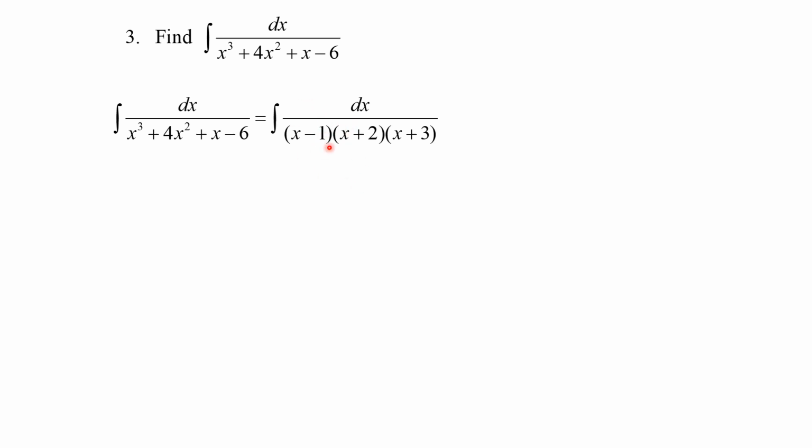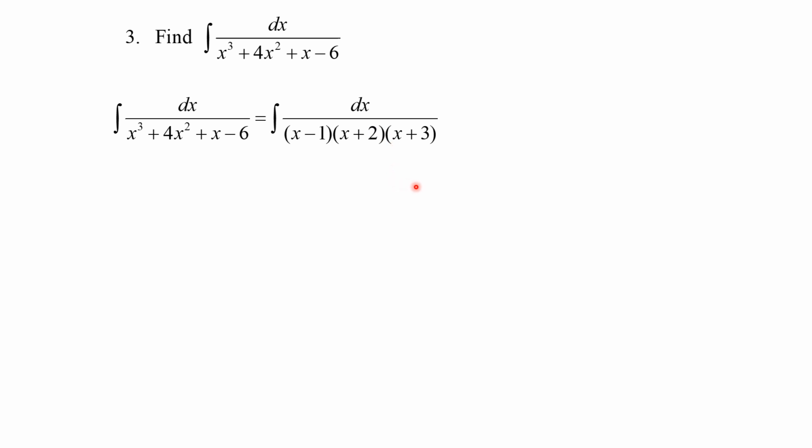Then you can perform polynomial division, dividing x cubed plus x squared minus 6 by x minus 1, and you get a quadratic, which you further factorize. This is the manual way, or you can just use your scientific calculator to factorize this function, and you will get this as your answer.